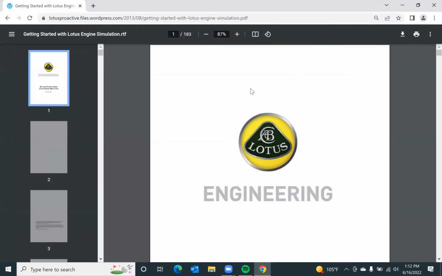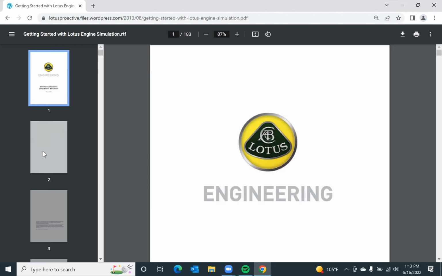For example, if you apply for jobs at General Motors, Ford, or MTD, which is right here, or if you decide to work for an engine development firm or major automotive manufacturers, something like this would be super useful.